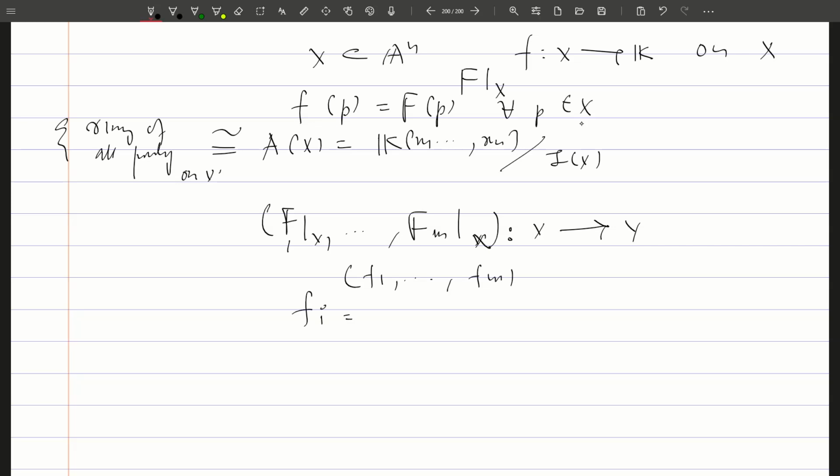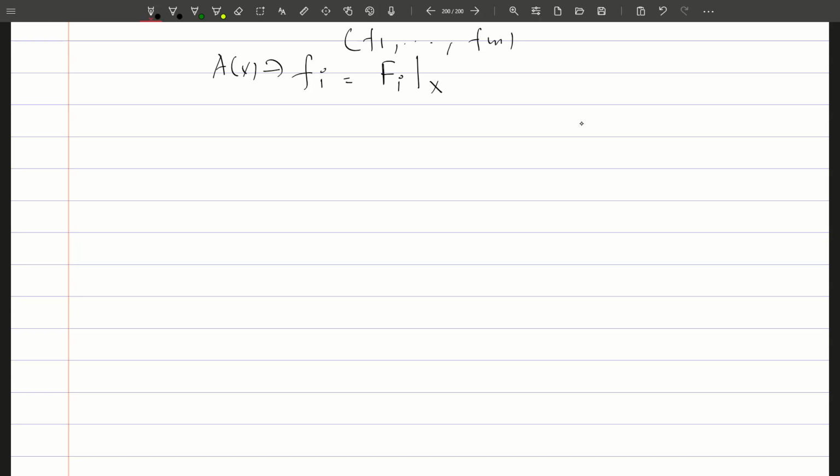These fi's are the restrictions of fi to X. So that means these fi's are elements of the coordinate ring. Now let us define the pullback.